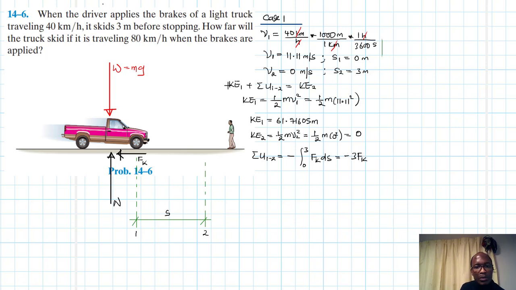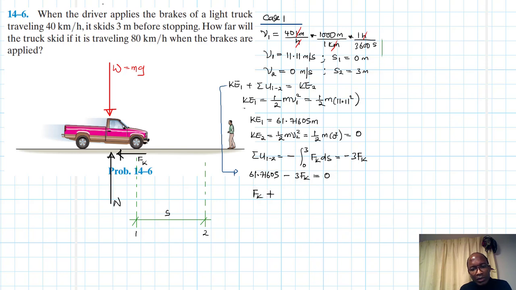Now summing up all the components in our equation, we have 61.71605 m minus 3 Fk equal to 0.